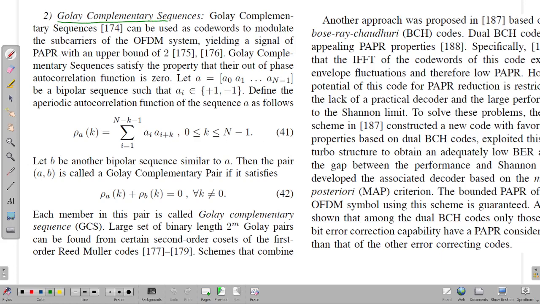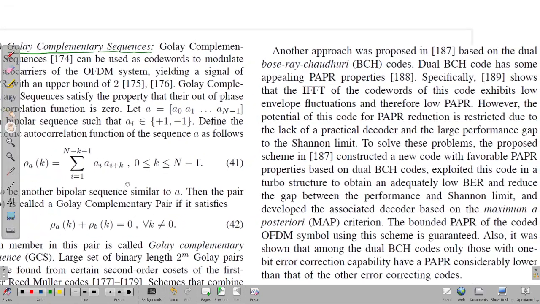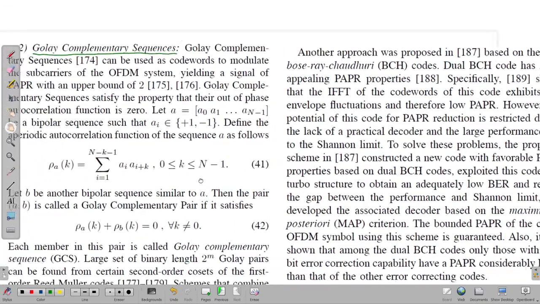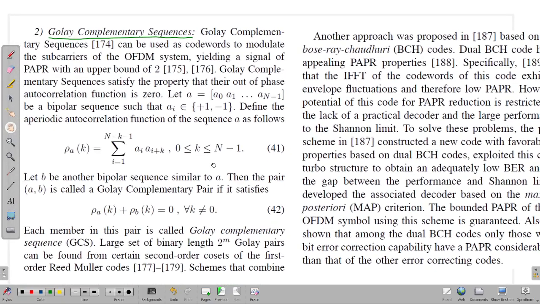Golay complementary sequences. Golay codes can also be used for PAPR reduction. There are certain properties that are listed here for Golay codes. I don't know much about Golay codes, and I don't think we need to go into that depth rather than knowing fundamentals.